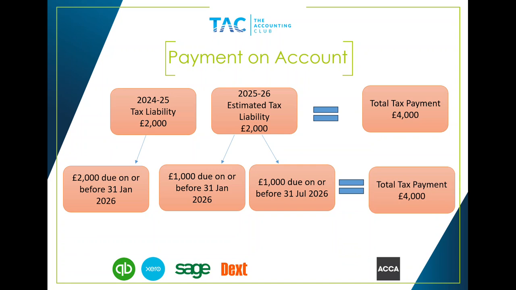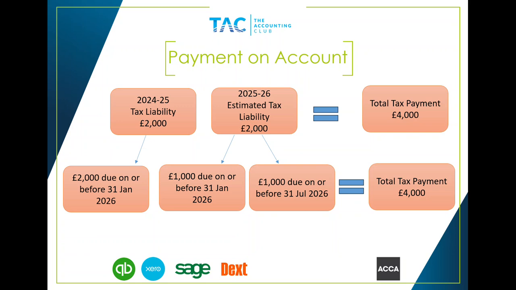For the payment on account, which is also £2,000, you pay that in two installments, one in January and the second in July. The one in January is usually called the first payment on account, and it is 50% of the estimated liability, in this case £1,000. The second payment is due in July, which is also 50%.